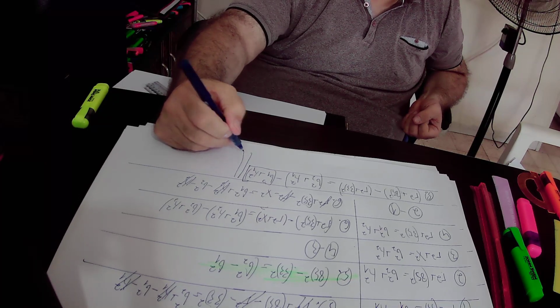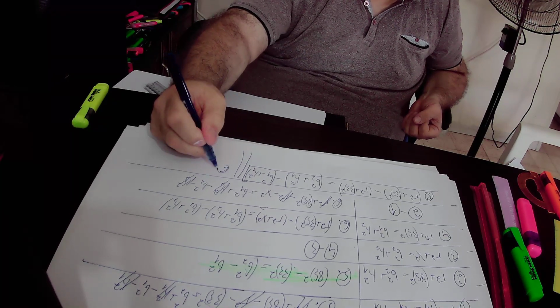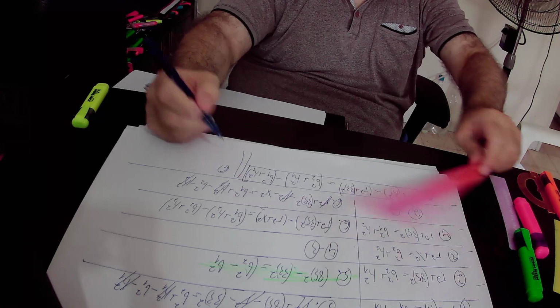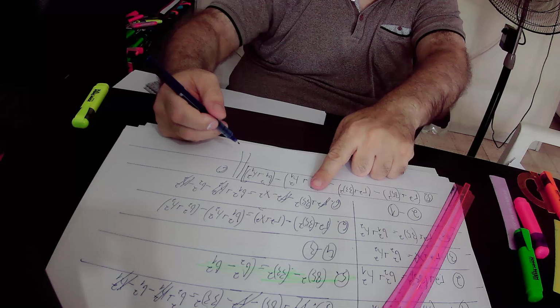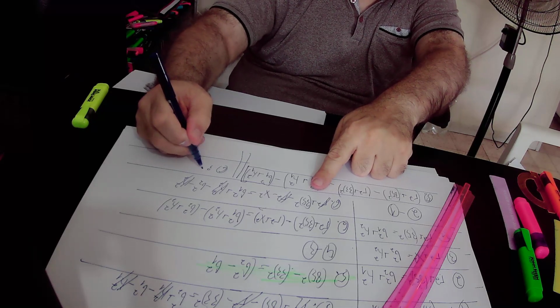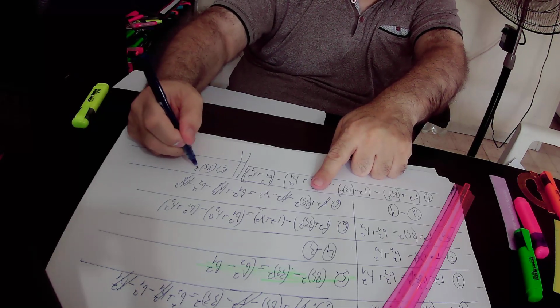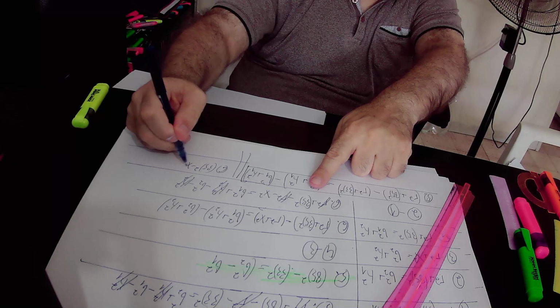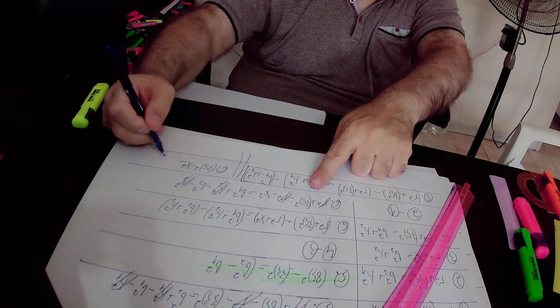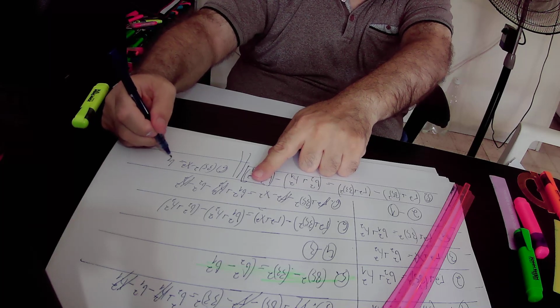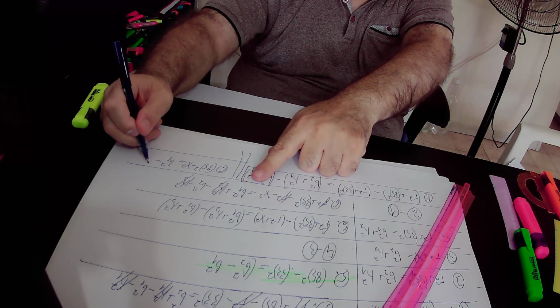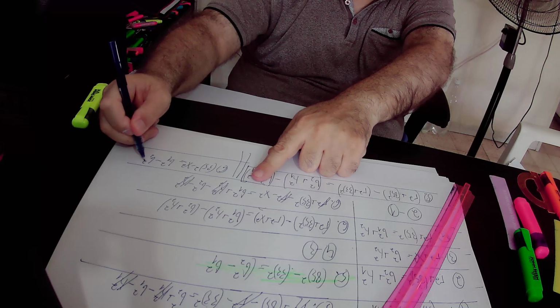What is left is that in this side of equation number 6 we are left only with 35 square minus x square, that is equal to b1 square minus b2 square.